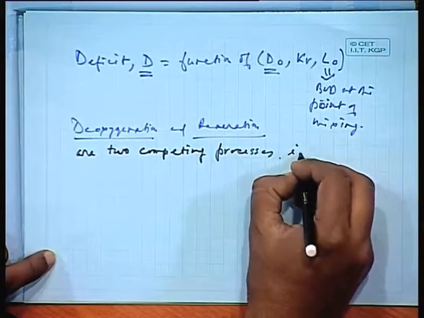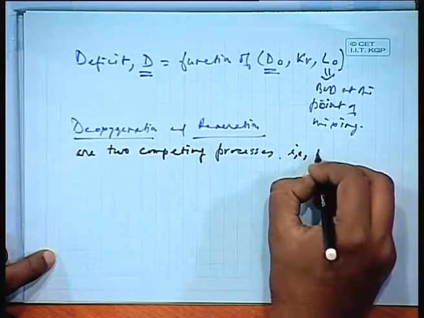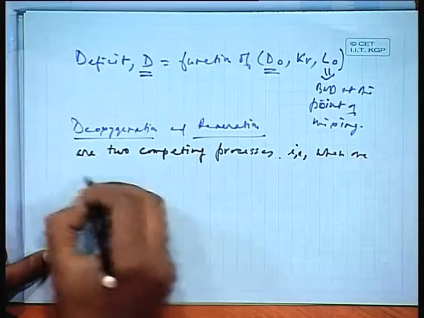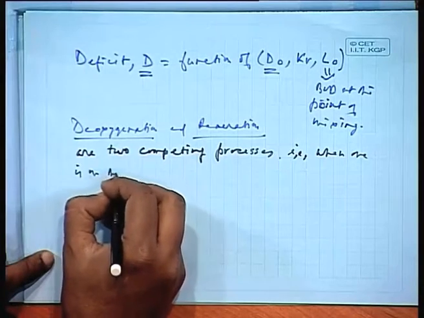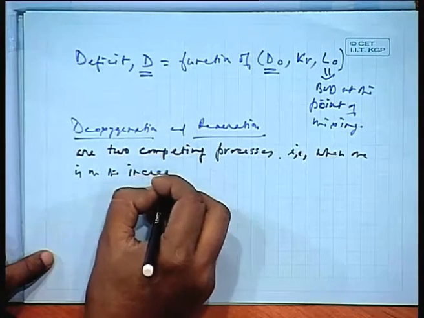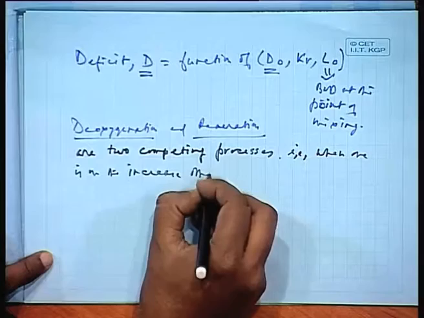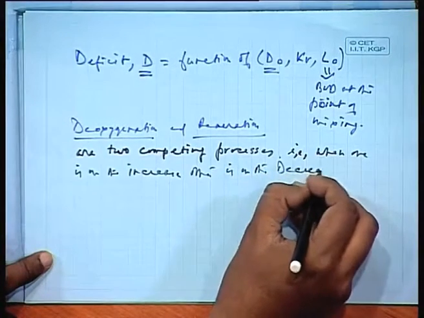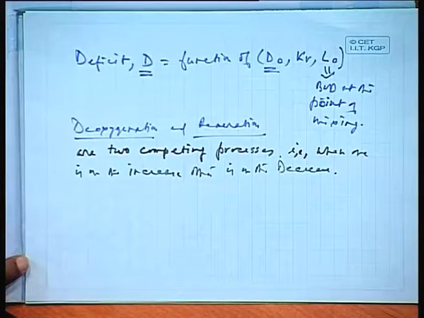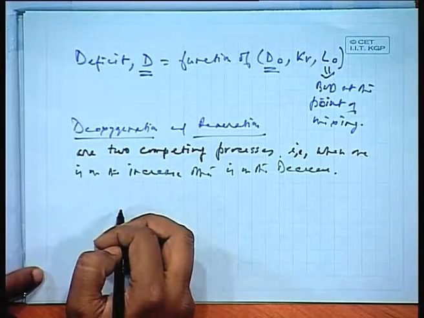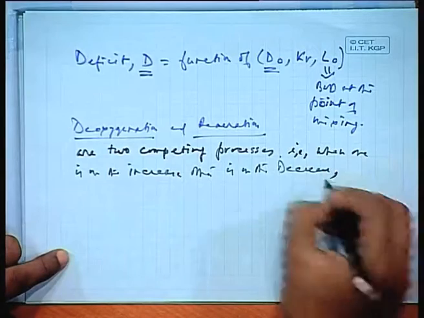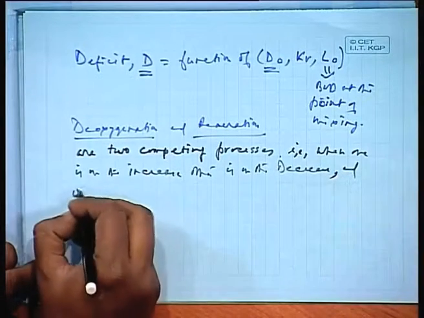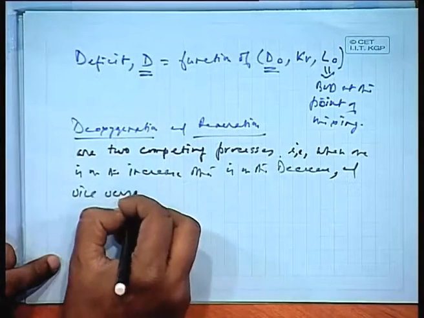That is, when one is on the increase, the other is on the decrease, and vice versa.